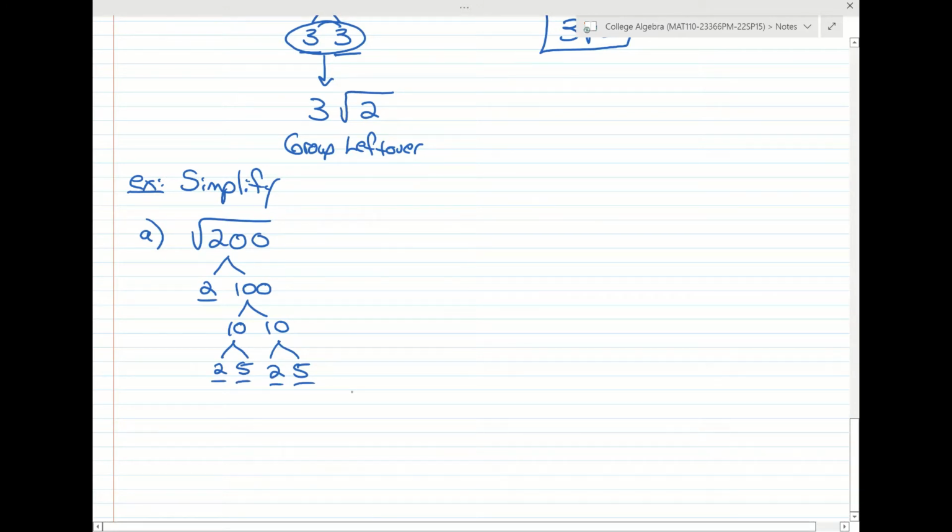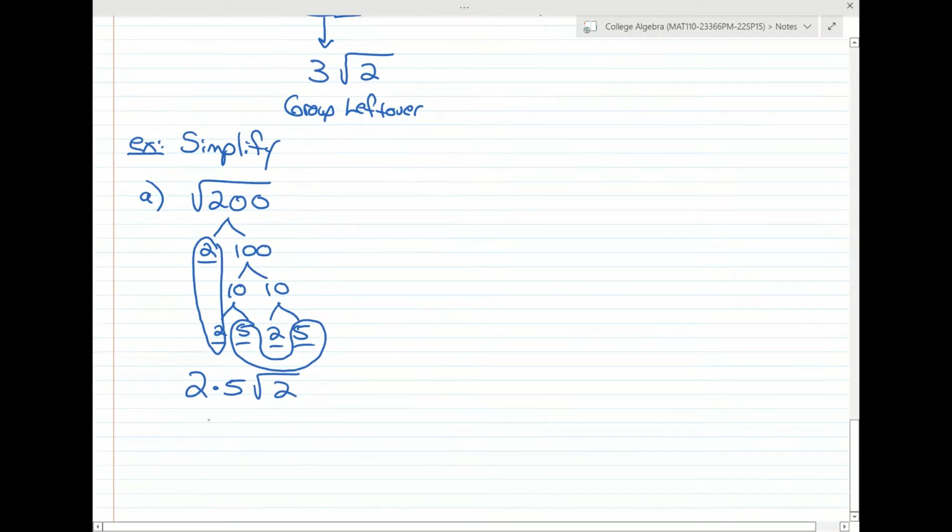We're looking for groups of 2. Here's a group right here. That's a group. We have a group of 5s. And what's left over? 2, right? So the answer would be 10 square root of 2.